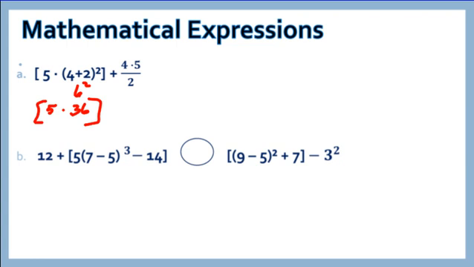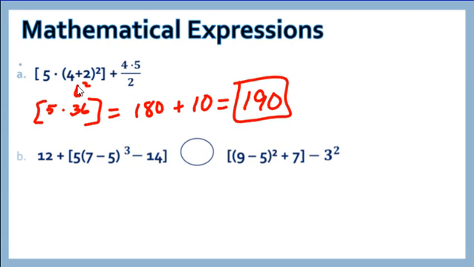So 5 times 36 would give you 180. Right now I have 180 plus 4 times 5 is 20. 20 divided by 2 is 10. And that gives you an answer of 190. That would be our answer.